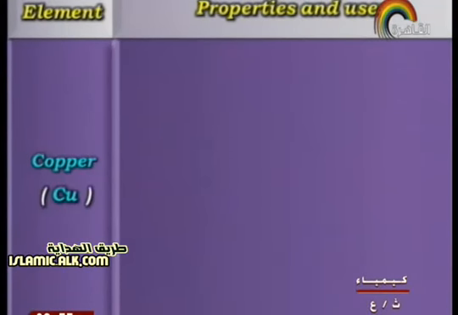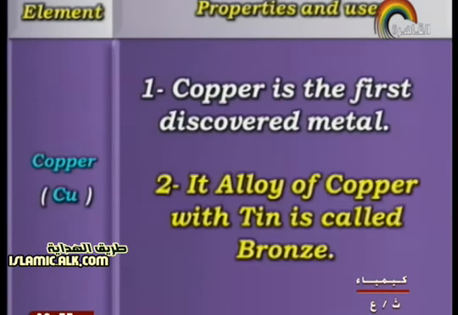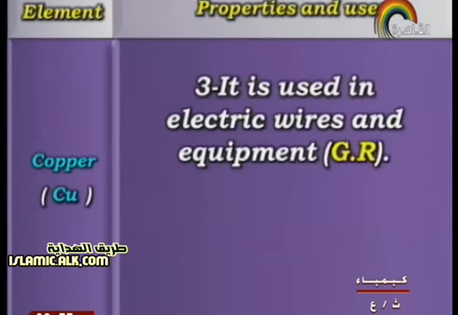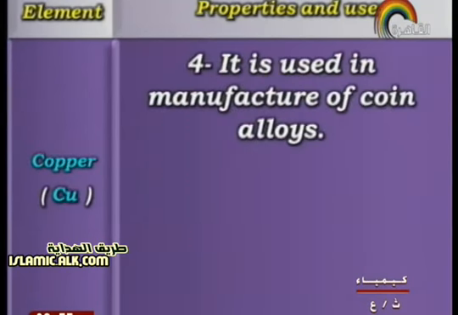Now we are going to discuss copper, which has atomic number 29. Copper is the first discovered metal, and its alloy with tin is called bronze. It is used in electric wires and equipment because it has high electric conductivity. Copper is also used in the manufacture of coin alloys.